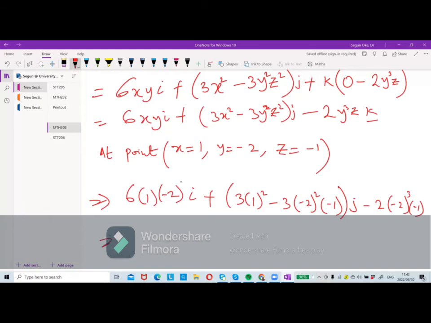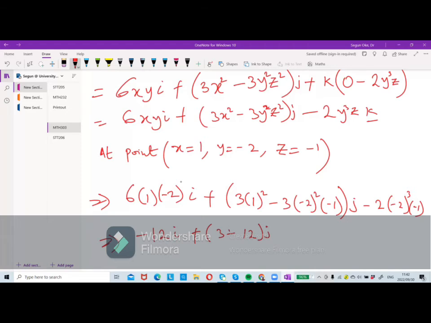Okay, let's work it out. We have minus 12i. This is 3 minus negative 4, which is positive 4. Is it going to be minus 12 because we have minus 1 at the back? Remember that this is squared too, so it will be plus 12.